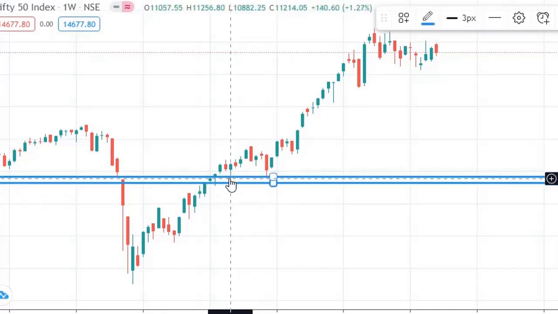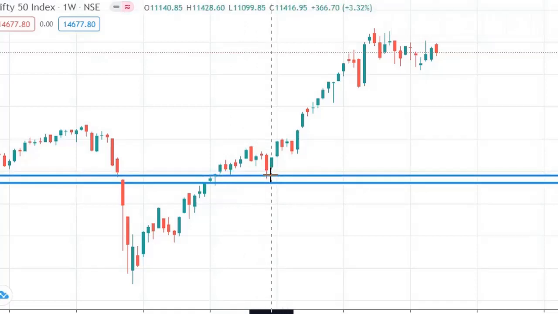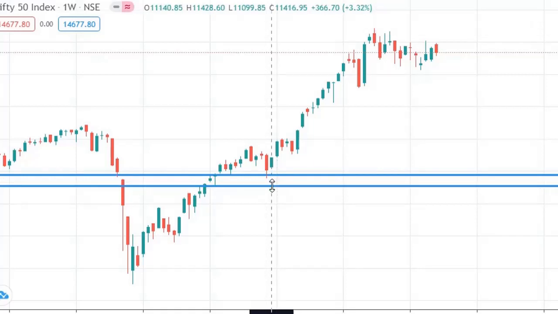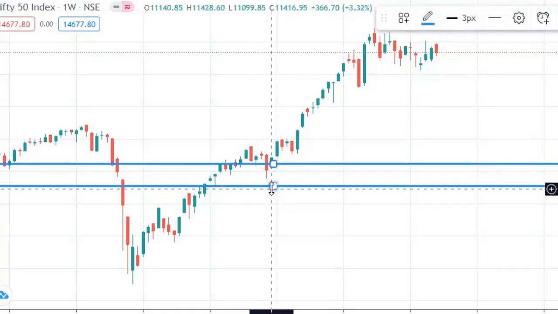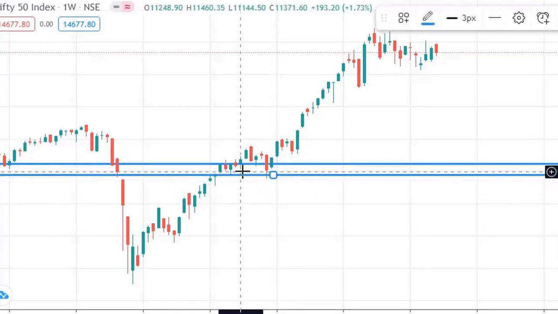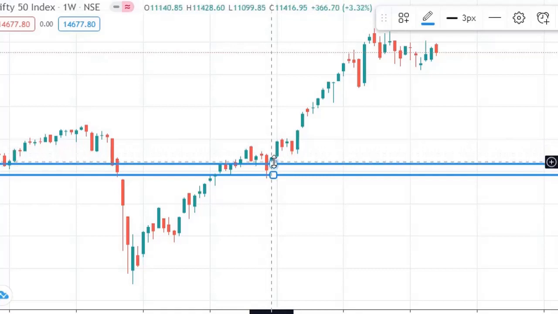Also next pin bar has closed in positive range. Mark the high and low. Again green bar. So next 3 weeks it closes inside, then again up.